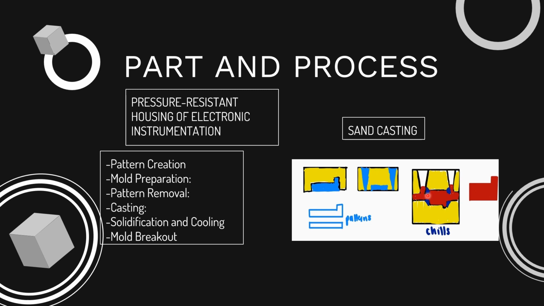And here you can see how chills are included, some external chills, which basically help to increase the solidification, the cooling rate, sorry. And finally, once it is already solidified, we just need to take off the mold, and we will have our cage manufactured.